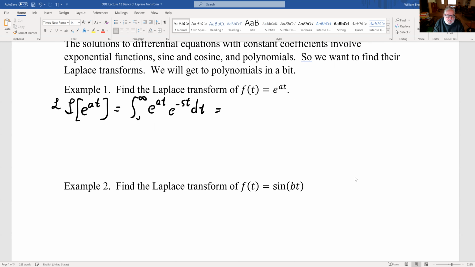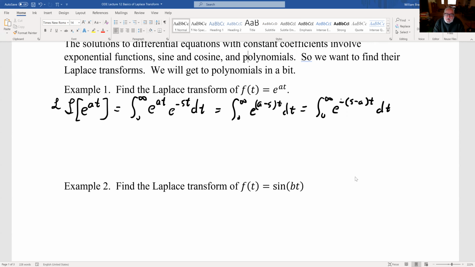And I can write that as the integral from 0 to infinity of e to the a minus s times t dt, just by collecting together my two exponentials. And then I'm going to actually write it like that, just change the order by taking out this minus sign.